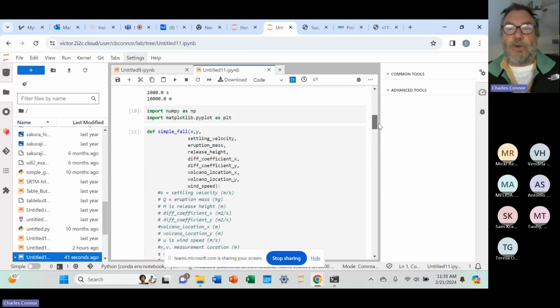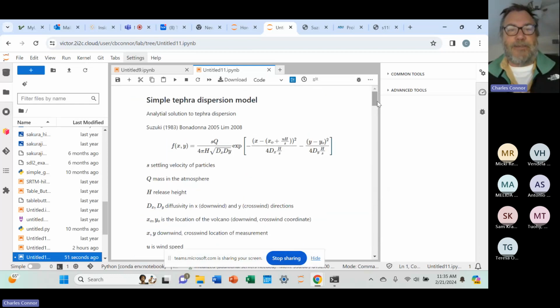Okay, so that's a simple fall model, and different codes like Tephra2 or Fall3D or some other codes, they're all good. Essentially what they do is implement this equation in different, slightly more sophisticated ways than we implemented it today.